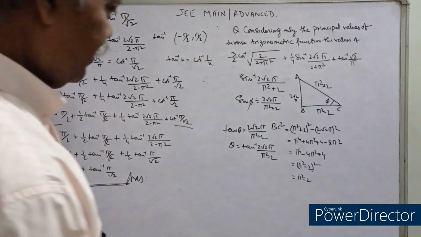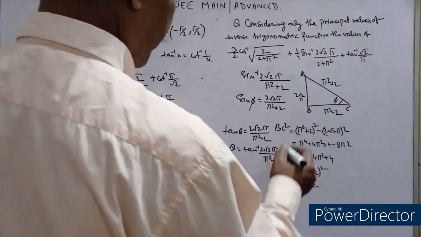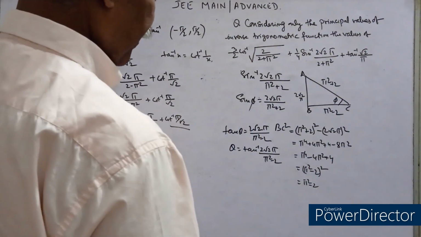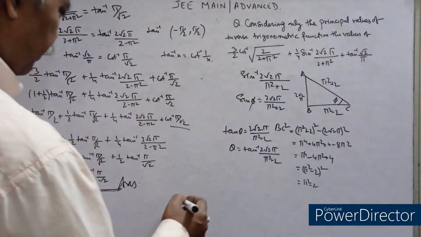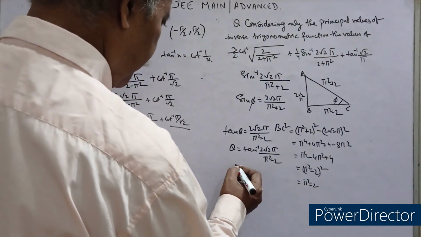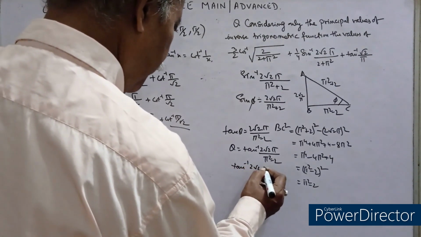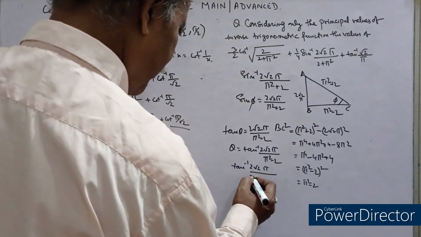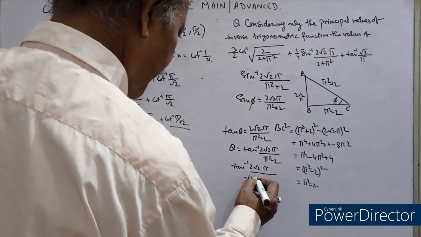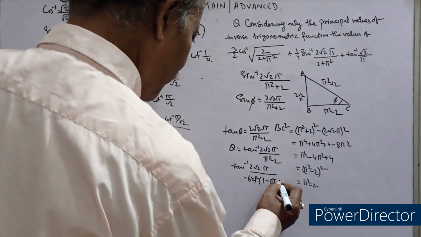Now if we take this into consideration, we are going to get a different answer, because here this will be tan inverse 2 root 2 pi, and here you make minus root 2 square common, so it will be 1 minus pi by root 2 the whole square.